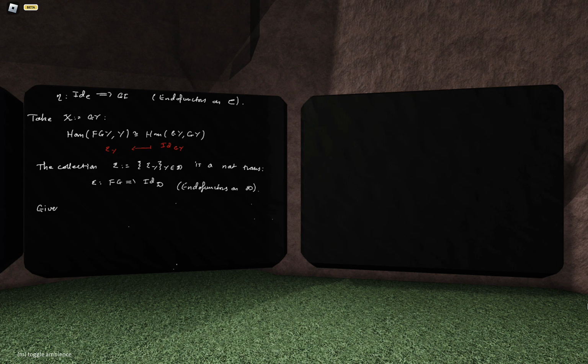So what we do is, given X inside C, take epsilon of Fx, which goes from FGFx to Fx, and that is a morphism inside D, and so then we can apply G to this. And we get G epsilon Fx, which goes from GFGFx to GFx.